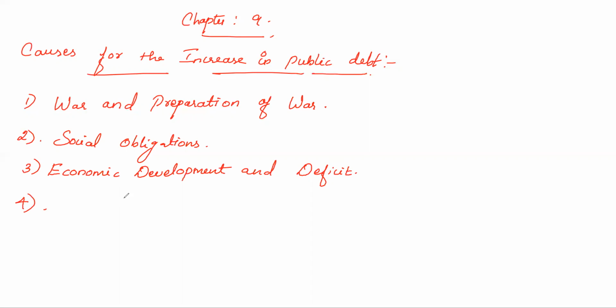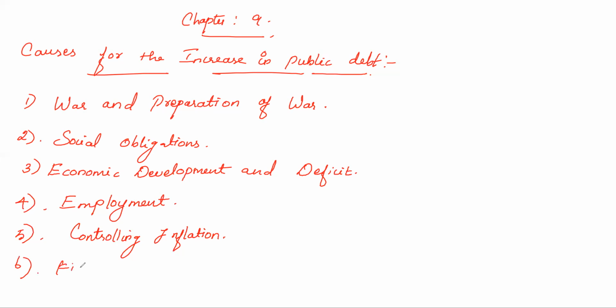Then fourth one is employment. Then fifth one is controlling inflation. Then sixth one, fighting depression. Okay, there are 6 causes for increase in public debt.